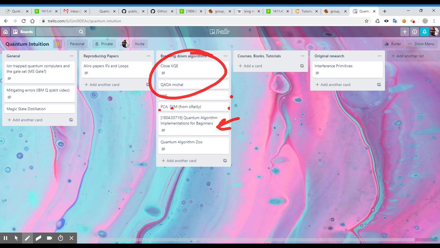There's a bunch of other stuff I want to work on as well, now that Microsoft is putting ion trap quantum computers on the cloud. I want to learn a little bit more about it, and go ahead with different papers. There's some interesting stuff from Alira that I wanted to read as well. We'll see. So far, this is what I'm trying to do.